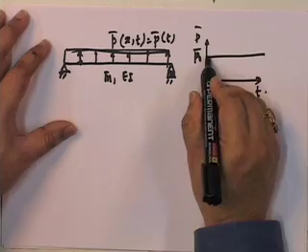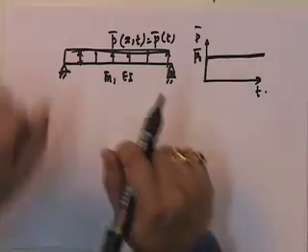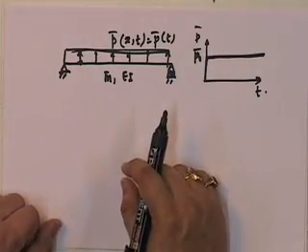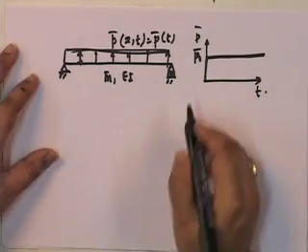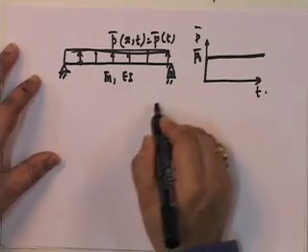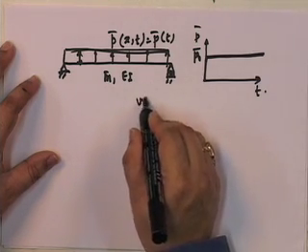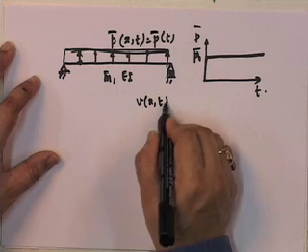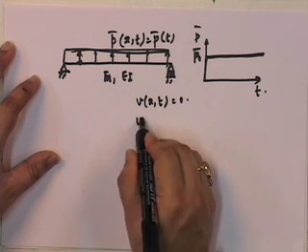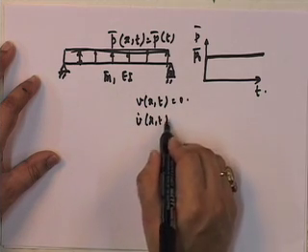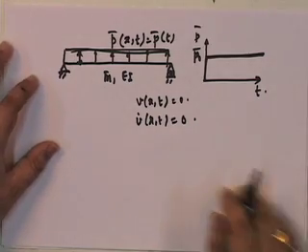So it's a suddenly applied load, and of course, initial conditions are 0, so v is 0 and v dot x bar is equal to 0.